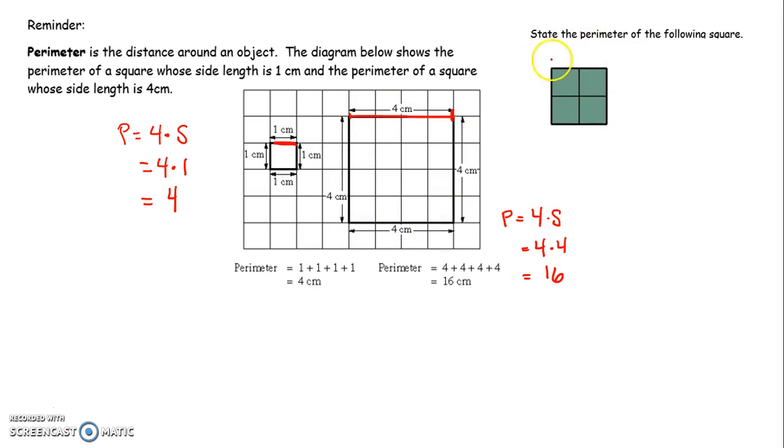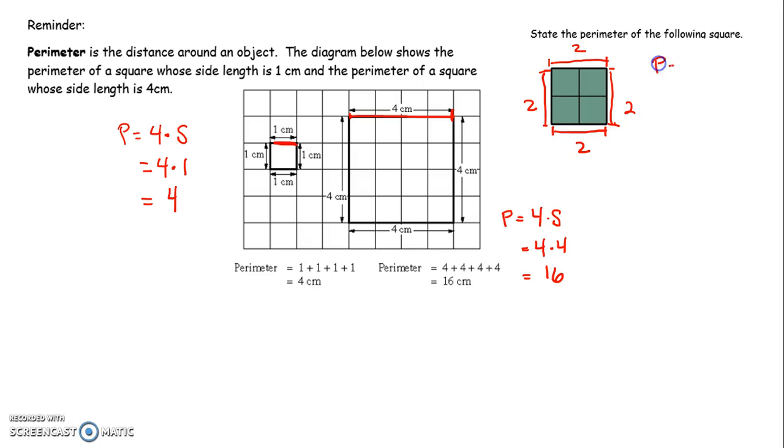So state the perimeter of this square. Hopefully you can quickly get that, but if not, I can always walk you through it. This side length is 2. This side length is 2. This side length is 2. It's a square, so this side length is 2.